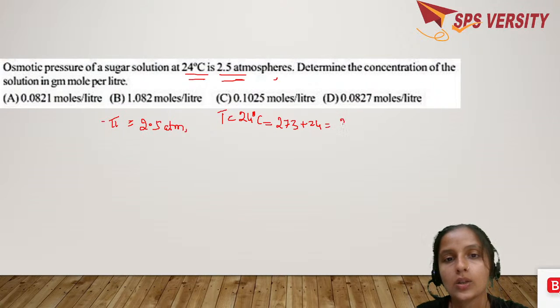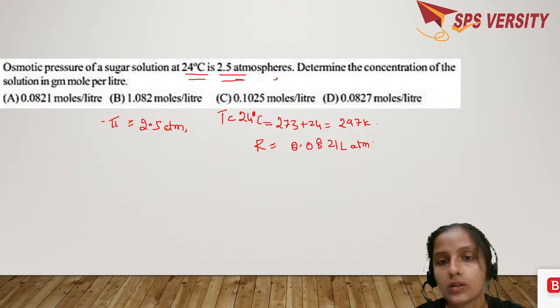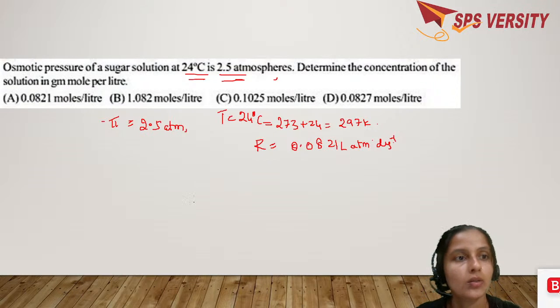That's going to be 297 Kelvin. The gas constant value is 0.0821 liter atmosphere per Kelvin. So what is the question? They have asked the concentration of the solution.